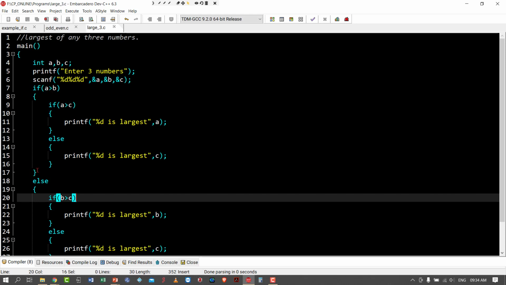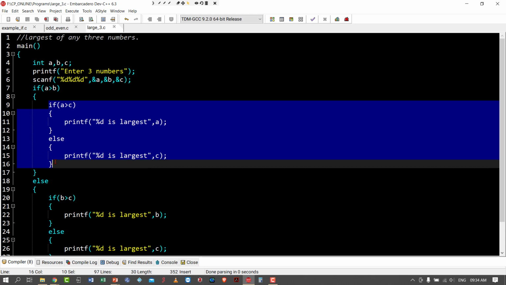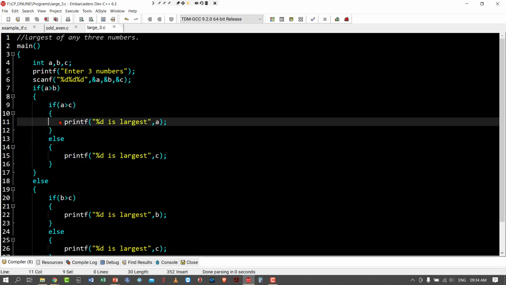There's opening braces and closing braces. So those statements are written with further space. Now it is clear these much things are under this condition if A greater than B. And again this condition. Inside this condition I have only one statement, so further more space is given.